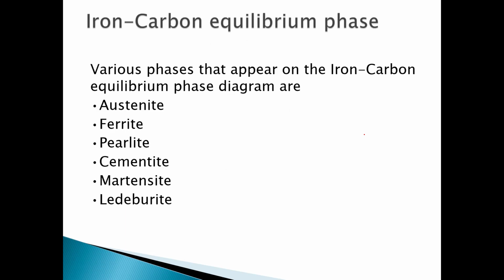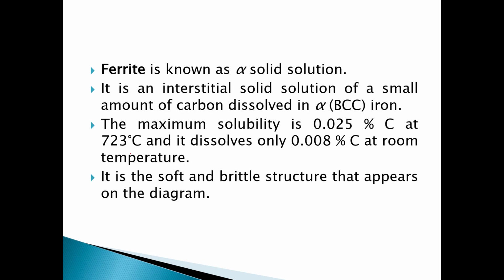Next one is the iron carbon equilibrium diagram. Various phases that appear on the iron carbon equilibrium diagram are austenite, ferrite, pearlite, cementite, martensite, ledeburite. Let's see one by one. Ferrite is known as alpha solid solution.